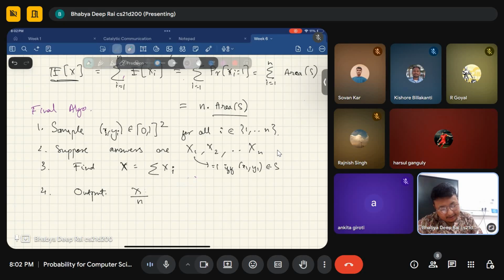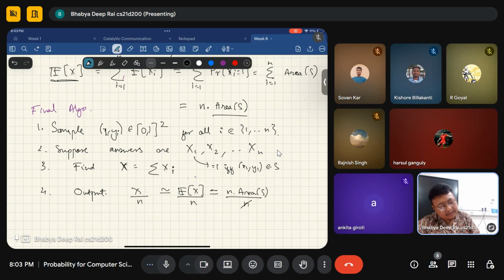So this entire thing is almost equal to expectation for a large number, which is equal to n times area of S divided by n, which is equal to area. So output is close to area.